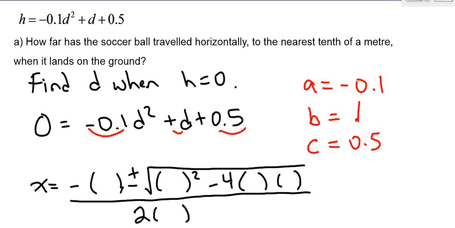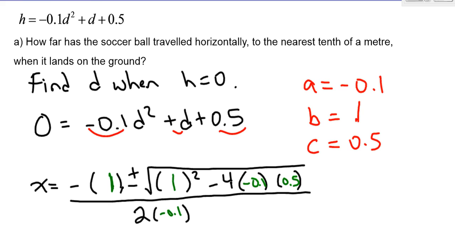And of course, if you're not one of my actual students, you probably haven't seen this before, but that's how I think of formulas, as blanks where I substitute in. So again, it was negative b plus or minus the square root of b squared minus 4a times c, all divided by 2a.